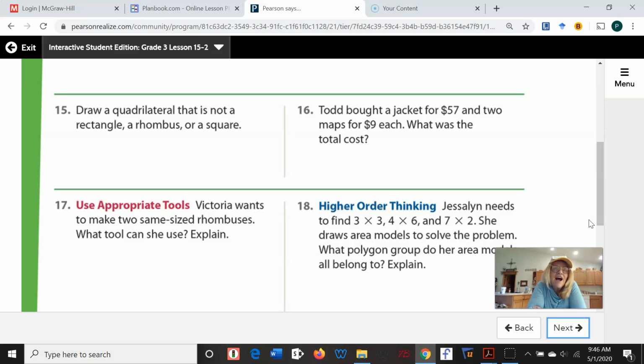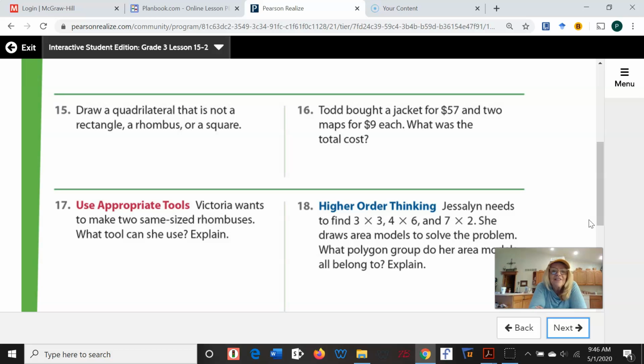How many sets of parallel lines does a rectangle have? Think. 1, 2, 3. Two sets of parallel lines. Good job. Yes or no, are all the sides equal? Think. 1, 2, 3. No, they're not all equal.